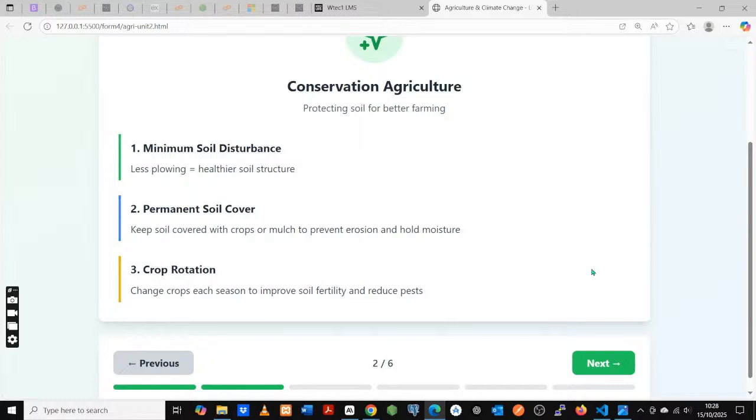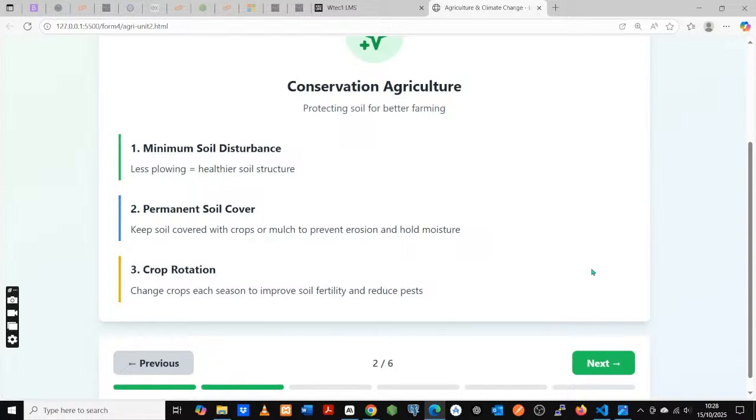The third principle in conservation agriculture is crop rotation. Change crops each season to improve soil fertility and reduce pests. Crop rotation will break the pest cycle.